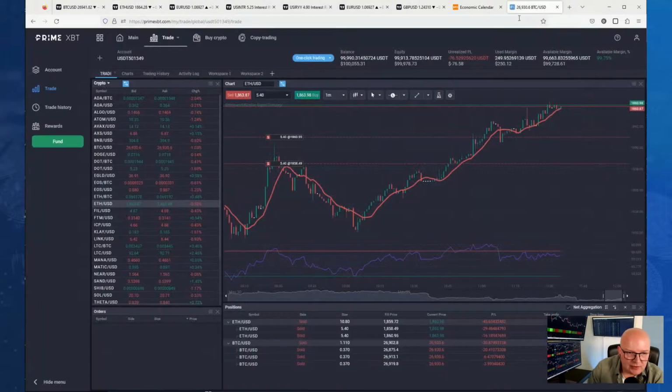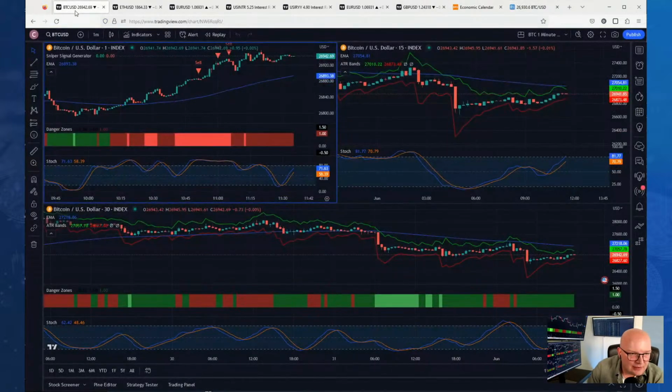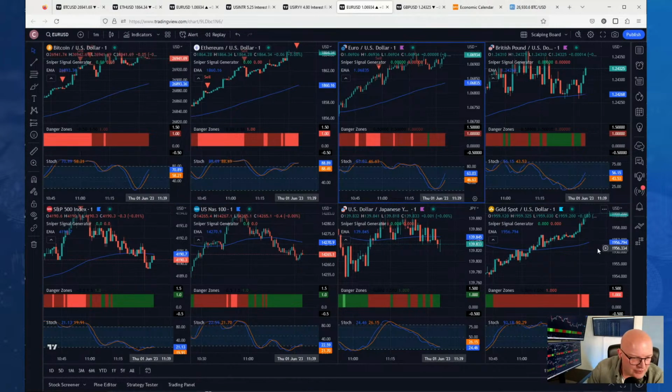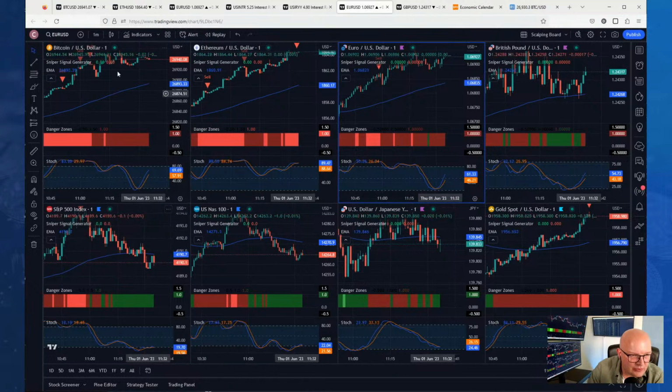Yeah, confirmed. So we are adding to our Ethereum position here a bit. Very active in cryptocurrencies this morning. Good. Gold might become interesting soon. Kind of interesting, actually, that we see the US stocks going a little bit weaker, but cryptos are still holding the line up there.